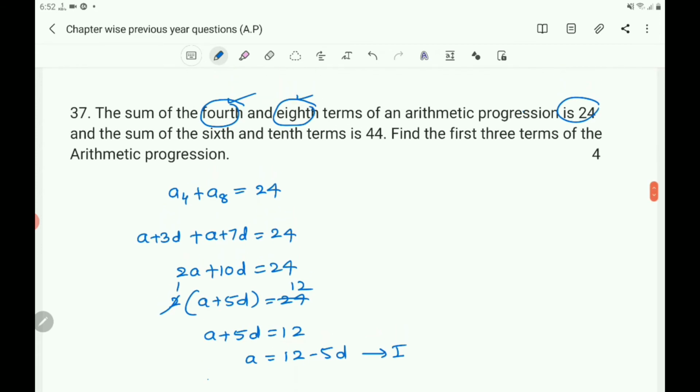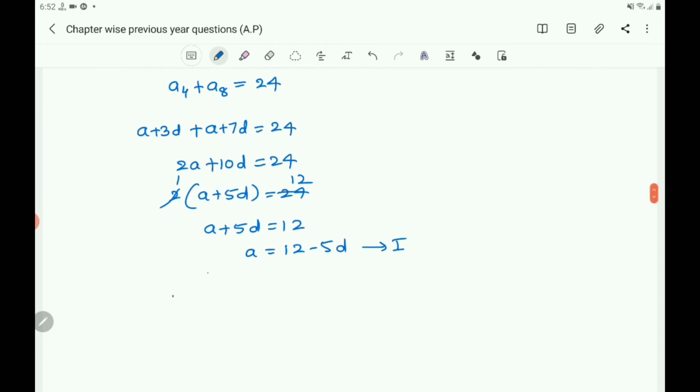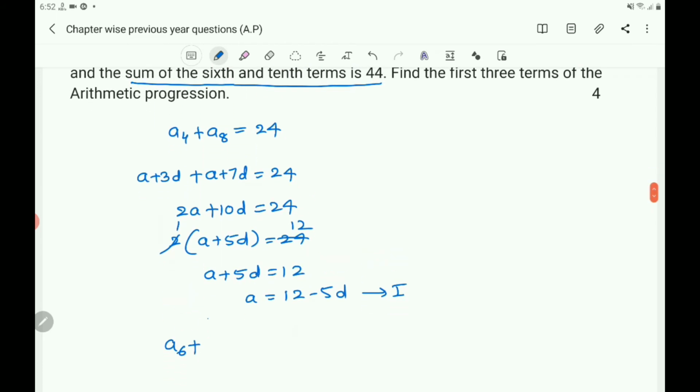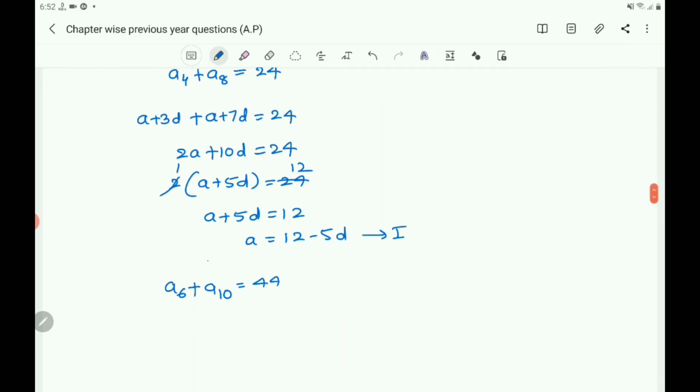Next you take the sum of the 6th and 10th term, which is 44. That is a6 + a10 = 44. a6 is a + 5d, a10 is a + 9d, because you know that an = a + (n − 1)d, 1 less than n.